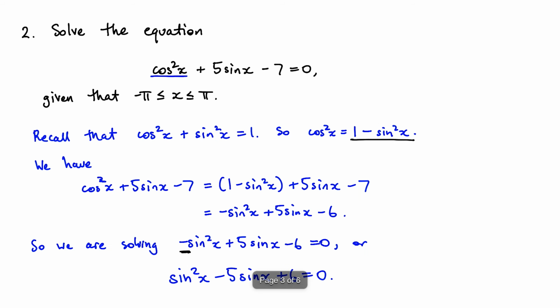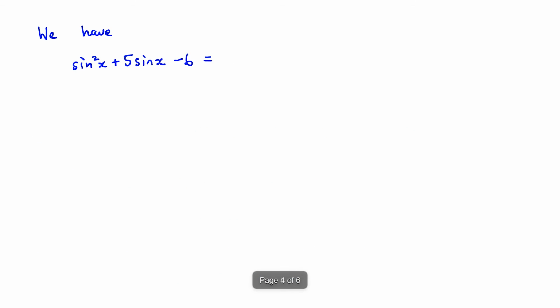So our left-hand side, our quadratic, was sine squared x plus 5 sine x minus 6. Let's check that I've got that right. Minus 5 plus 6. And I don't have it right, so I'm glad I checked. It was minus 5 plus 6.